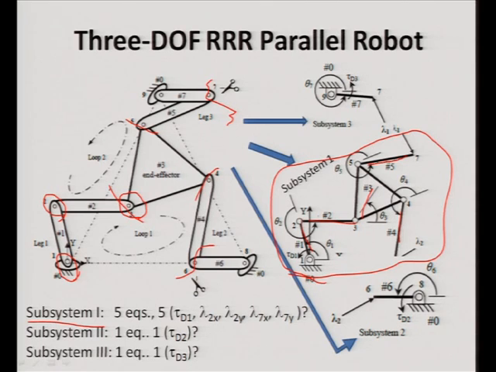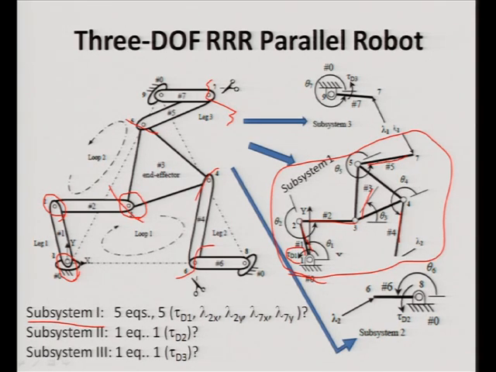Okay. So, in total how many degrees of freedom does it have? It has 5 degrees of freedom, okay, because 5 revolute joints would be present there. If you use the Grubler criterion formula, you will get it. So, subsystem 1 has 5 constraint equations of motion using our DeNOC, for example. Which are the unknowns? So, one is the driving torque at this.